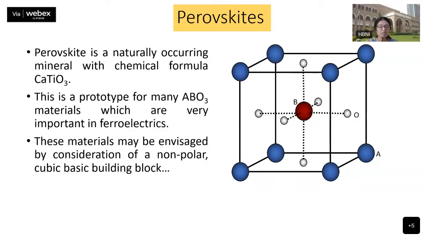These materials may be envisaged by consideration of a non-polar cubic basic building block. This is basically the structure. The A ions occupy the corners of the cube, you have your B sitting right at the center, and you have 6 oxygens which are octahedrally attached to this cation.